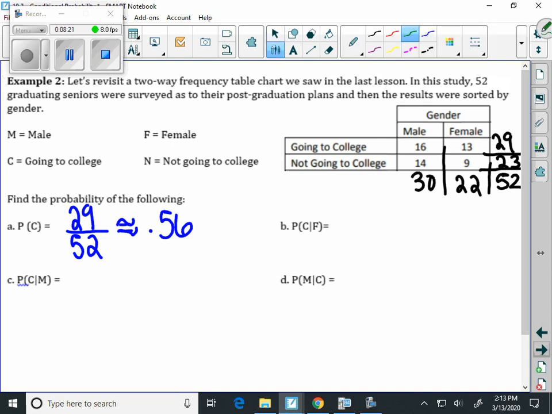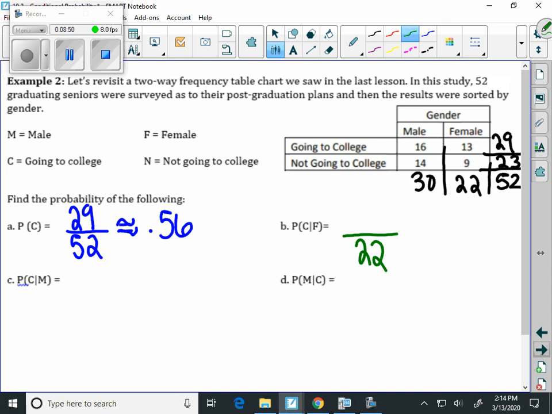But now on the B, C, and D, now we get into the conditional. And once again, what goes second in here? So on problem B, the F is the second. So that's F for female. What goes second is going to go in the denominator, the bottom of the fraction. So when we look up here and look at our chart, we see that there are 22 females.